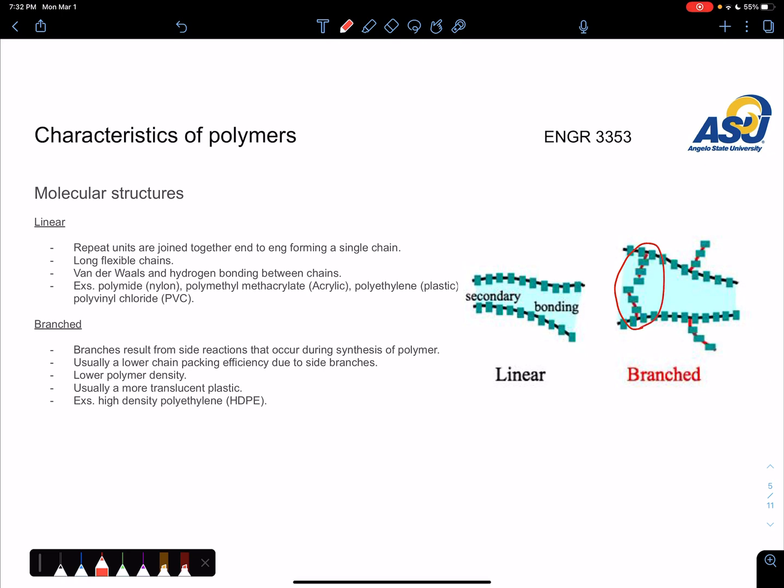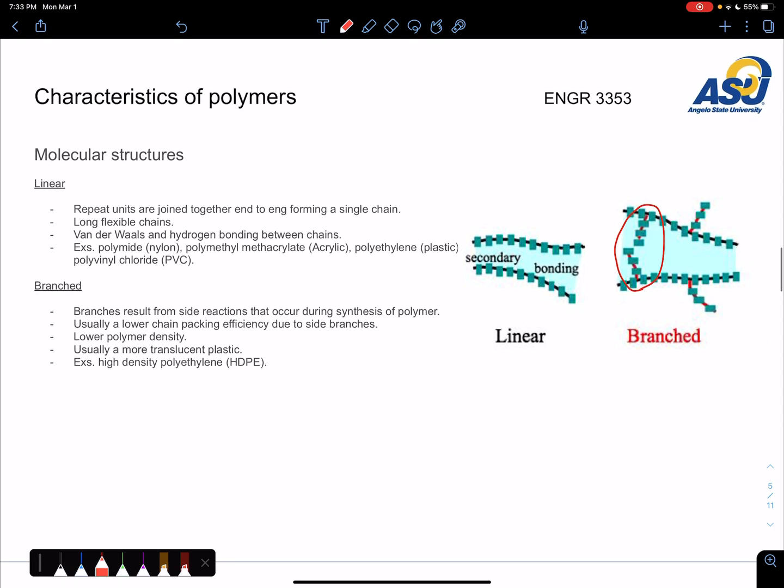So they usually have a lower chain packing efficiency due to side branches. And if you remember, chain packing efficiency is how many chains you can fit within a certain unit. So its efficiency isn't very high. It can't fit a lot of chains within a unit.